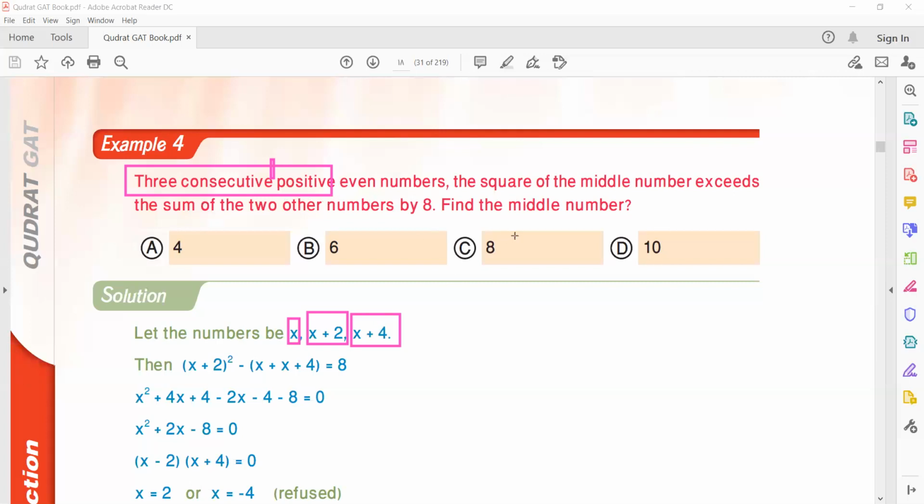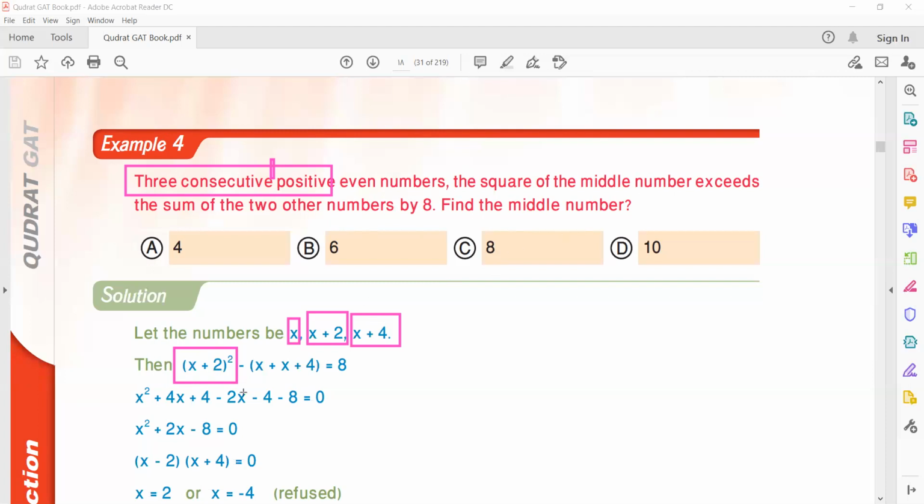So the square of the middle, he wants the square of the middle, x plus 2, I put it squared. He said the middle number exceeds the sum of the 2 other numbers.